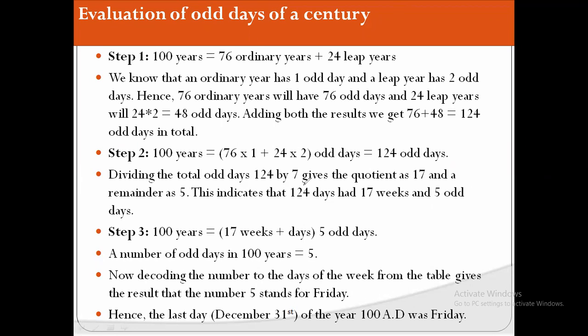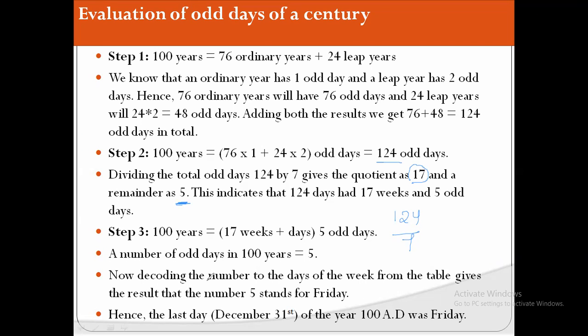So 124 by 7: the quotient is 17, but we don't want the quotient, which is the number of weeks, whereas the remainder is 5. This indicates 124 days had 17 weeks and 5 odd days.